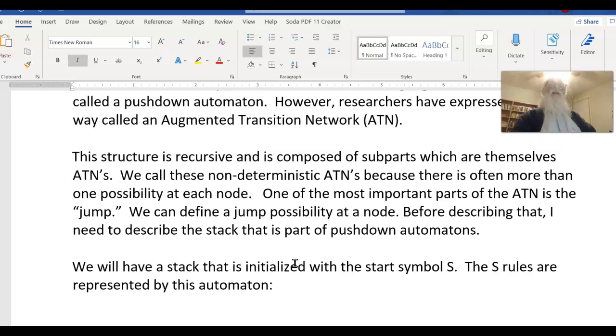It says that in certain nodes, you can jump out of that part of the automaton back to where you were. It's basically a subprogram, a function. And it says you go into the ones by going to a different automata, and at some point, you get out of it. And when you get out of it, you say to the item above you, I found what you wanted. We'll see that in a minute. So the jump is going to be a little bit different than you're used to.